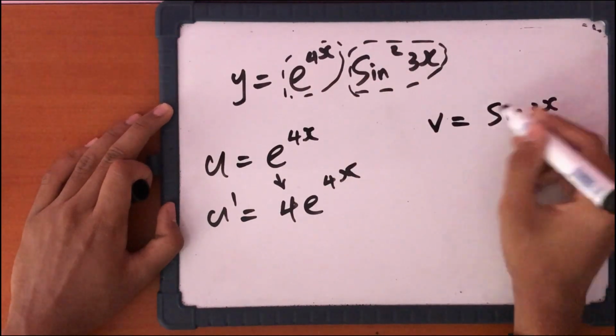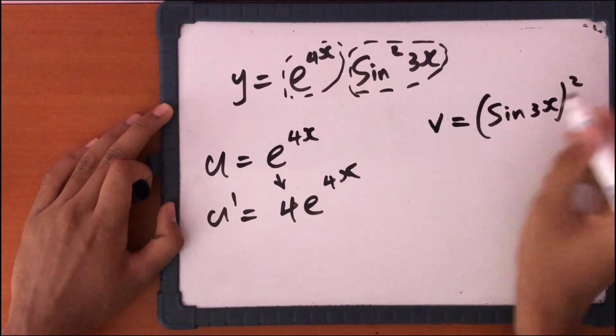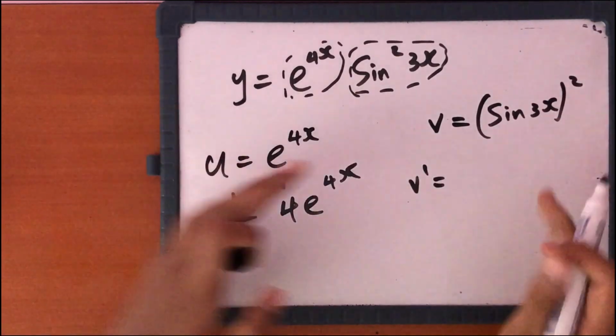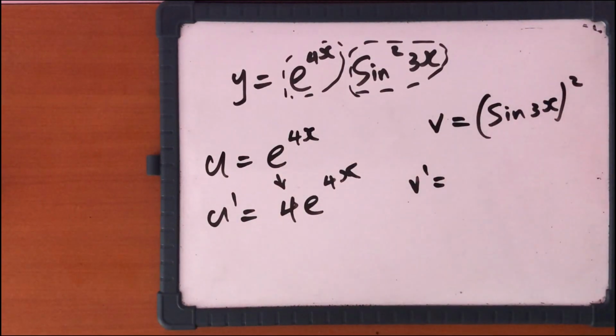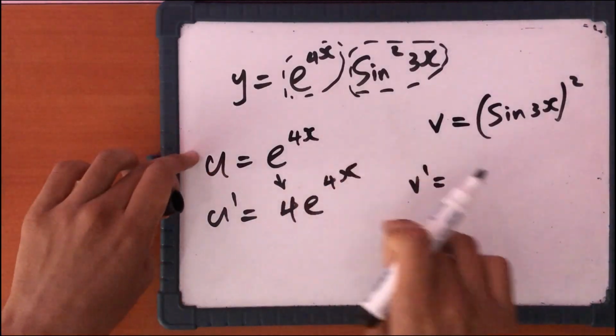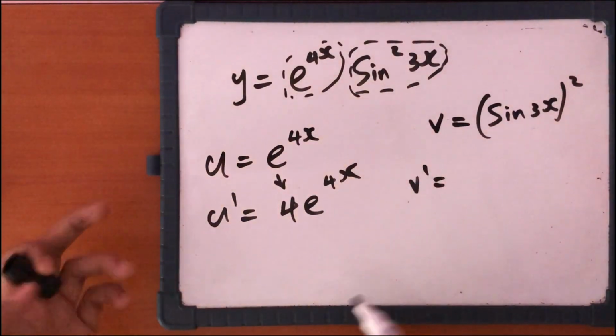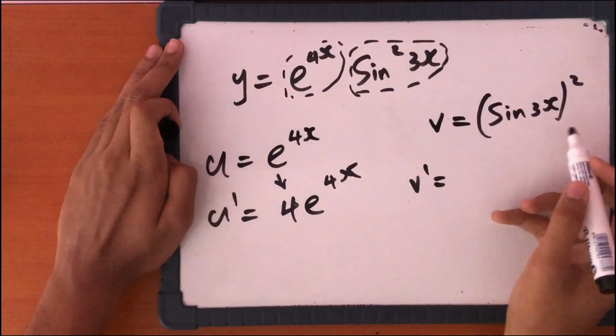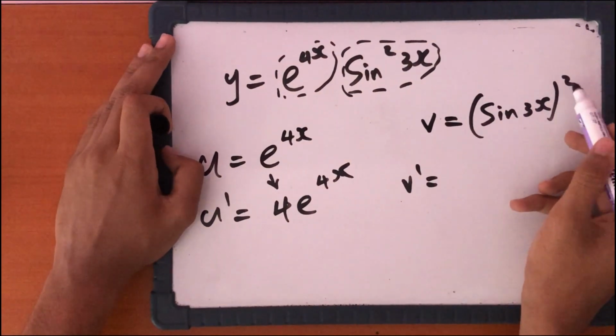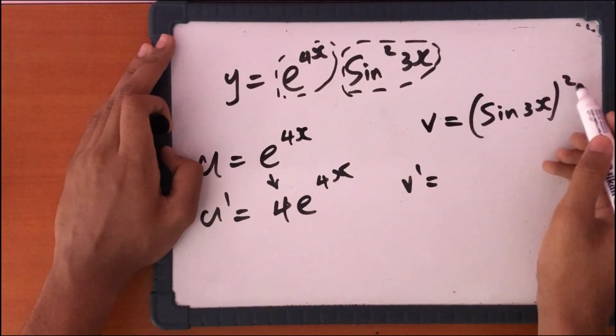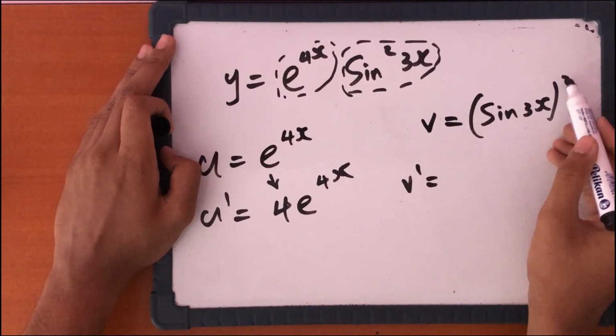So I'll write it as sine 3x all squared. v prime, again, to differentiate. Usually in questions of product rule, for each u and each v, to differentiate those, you have to use chain rule. But now that we know it, it's relatively easy, isn't it? So to differentiate this, the outside function is raising a bracket to power 2.